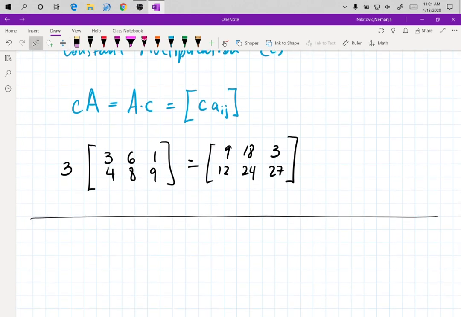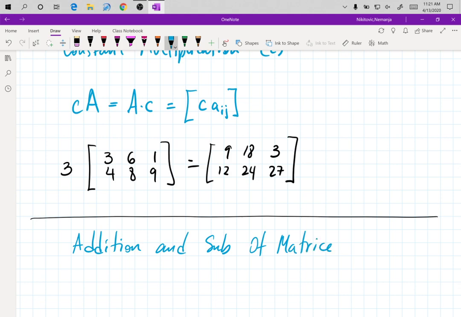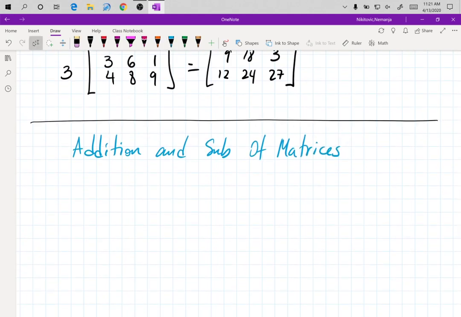The next property would be addition and subtraction of matrices. When we write the formula for this, we just have to be a little bit careful what it means, right, when you read the formula.